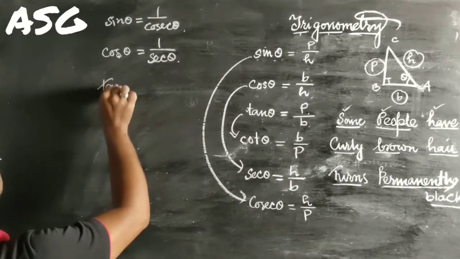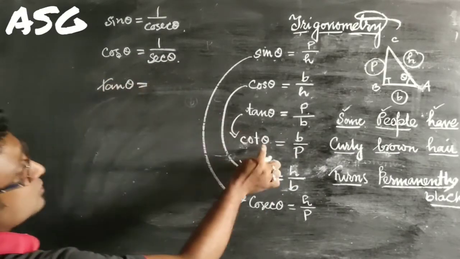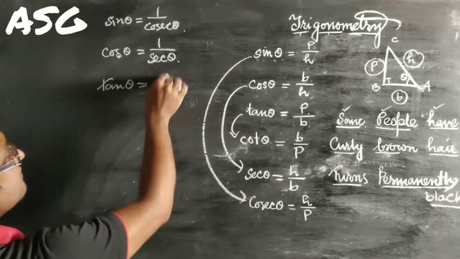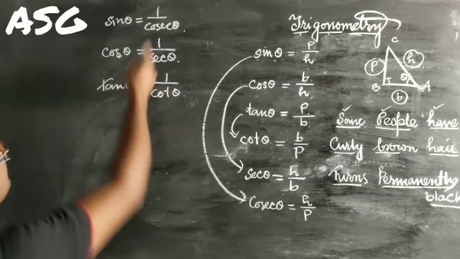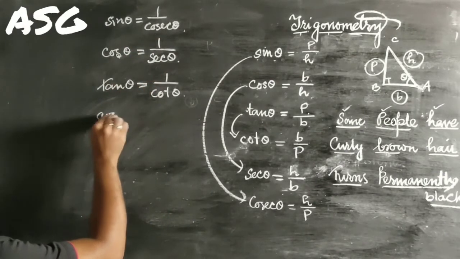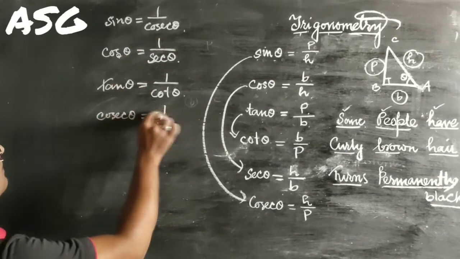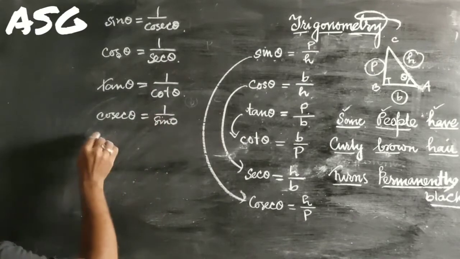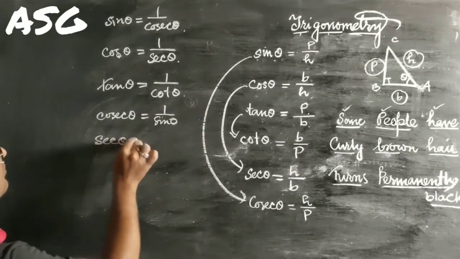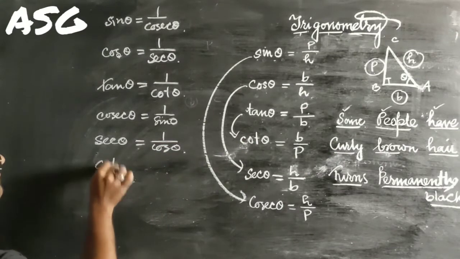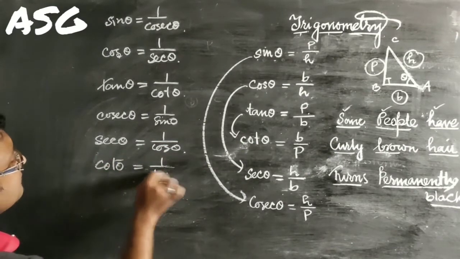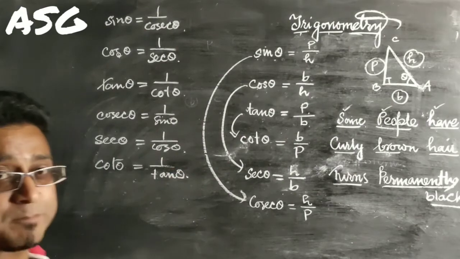Tan theta will be 1 by cot theta. Is it clear? Similarly, we can write cosec theta will be 1 by sine. Sec theta will be 1 by cos. And cot theta will be 1 by tan theta.